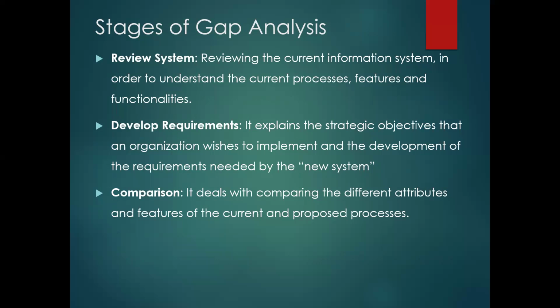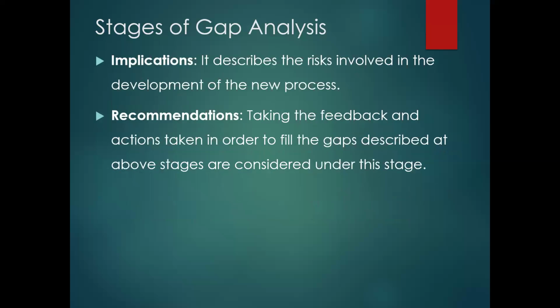And when we do the comparison, which is nothing but our delta, it deals with comparing the attributes and features of the current and proposed processes. And we have the implications, which describe the risks involved in developing the new process. Then we also give the recommendations, taking the feedback and the actions needed to fill the gaps described at each stage.